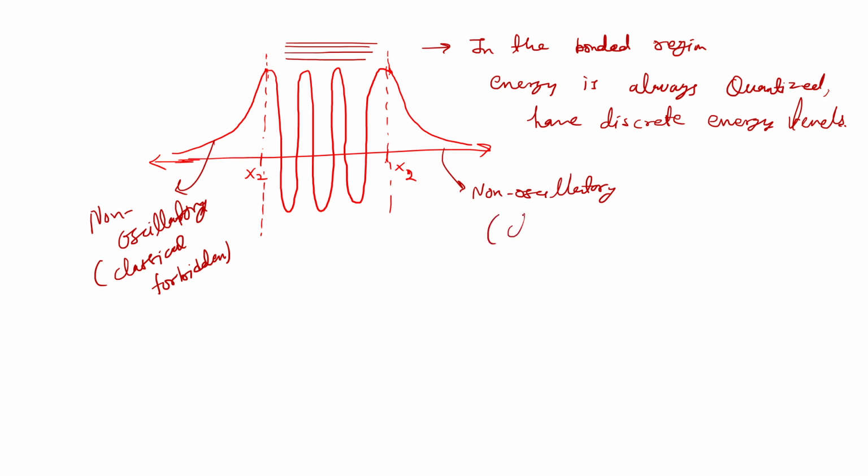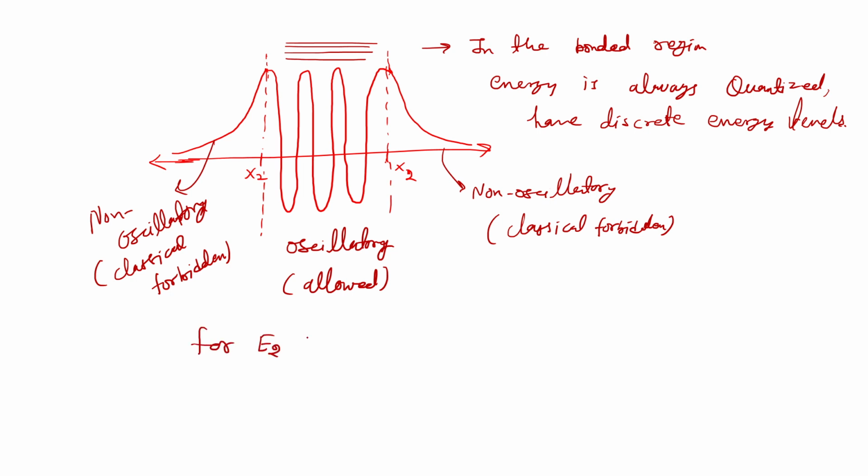This is also classically forbidden. But the mid part from x1 to x2 is oscillatory in nature and classically allowed. Classically allowed region. So this is for E2 energy. For E2 energy, this is what there is.